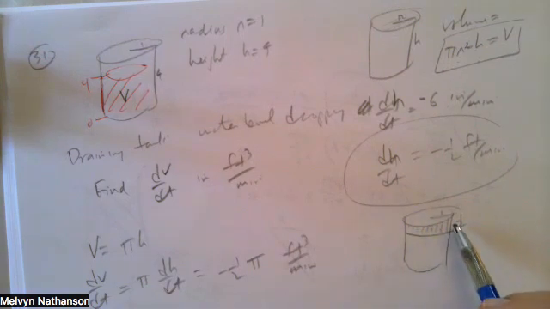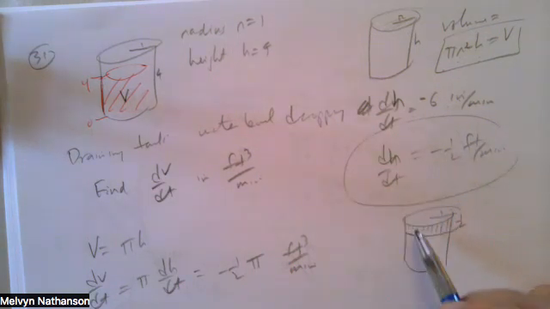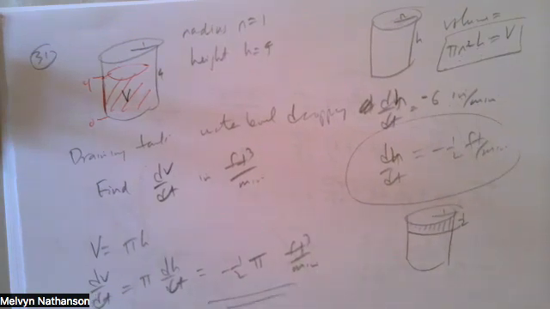And the volume of this cylinder, pi r squared h, r is 1 and h is a half, it's just pi over 2. So every minute you lose pi over 2 cubic feet. That explains this answer very nicely.